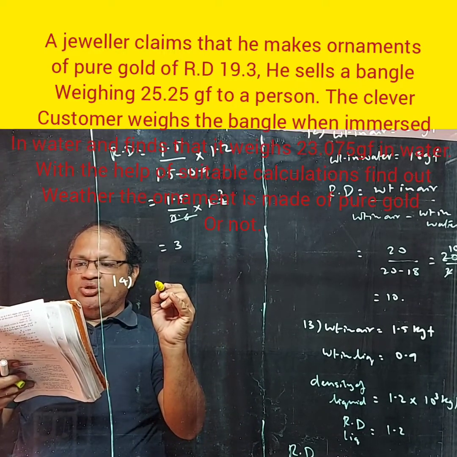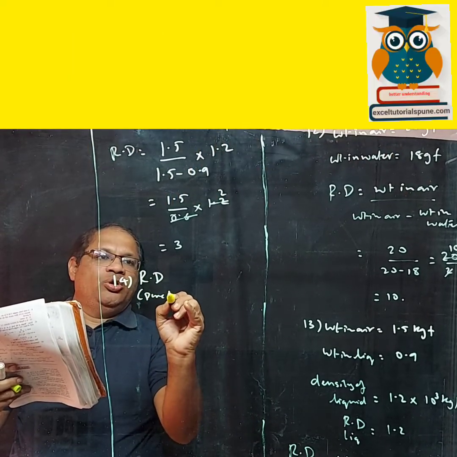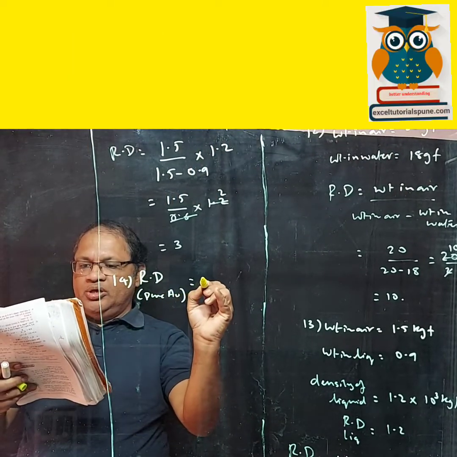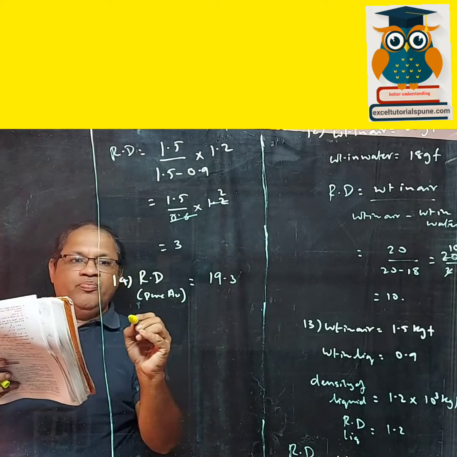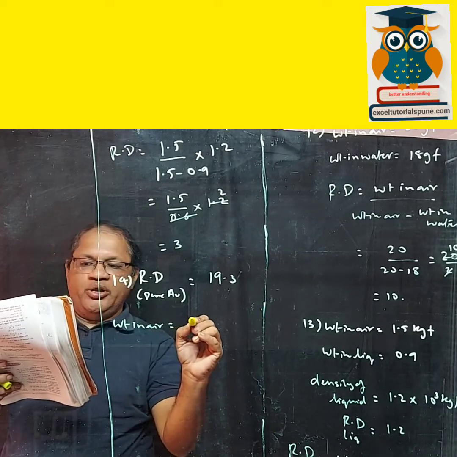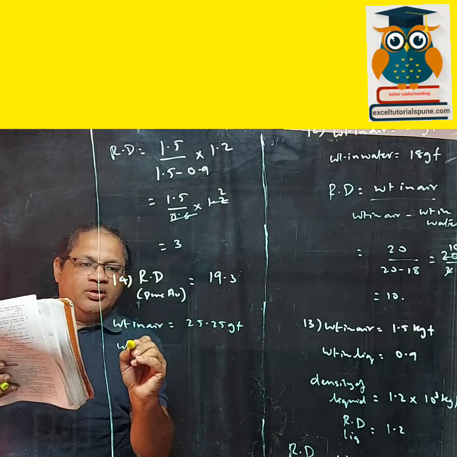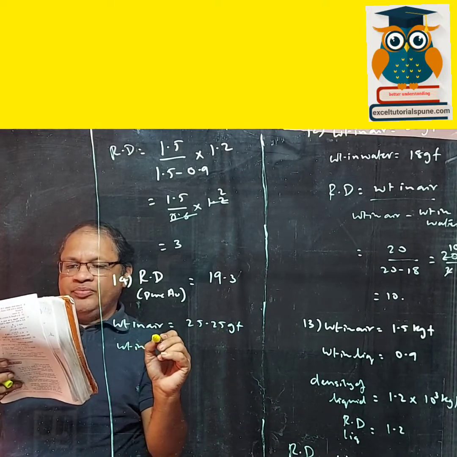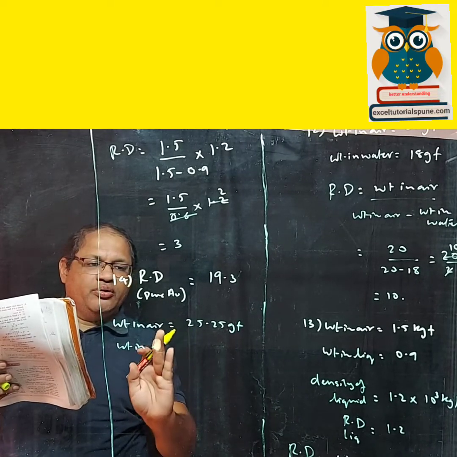So jeweler claims relative density of pure gold is 19.3. Then weight in air is 25.25 GF. Now weight in liquid or water, I'll write water.